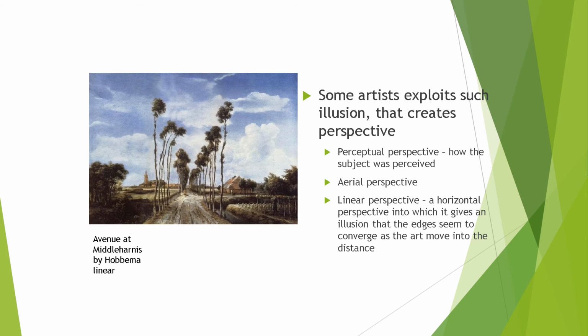Okay, nasa ere ka at tinitingnan mo is nasa baba. Linear perspective naman, ito yung nagbibigay ka ng illusion na merong distance or merong straight line na nagbibigay ng distance sa iyong tinitingnan. Halimbawa dito, Avenue at Middelharnis by Hobbema, linear yan. Okay, because it gives the illusion of a line sa gitna at nagpapakita ng distance. Okay.